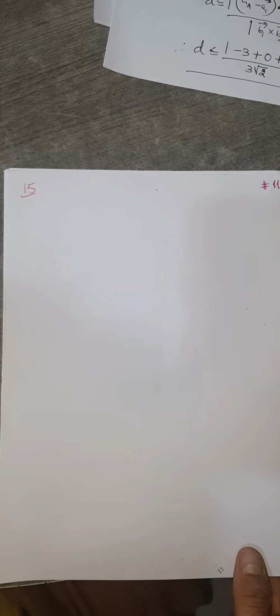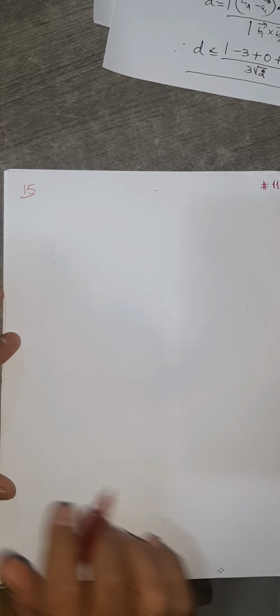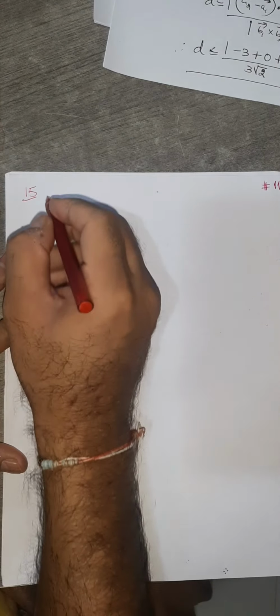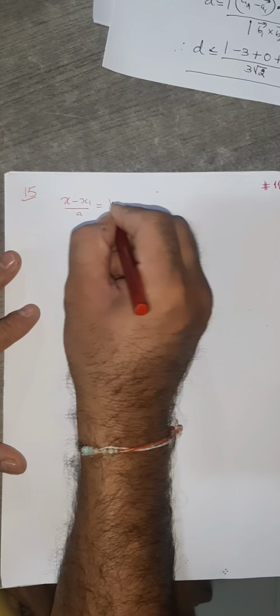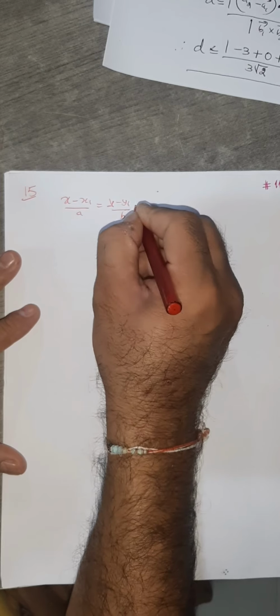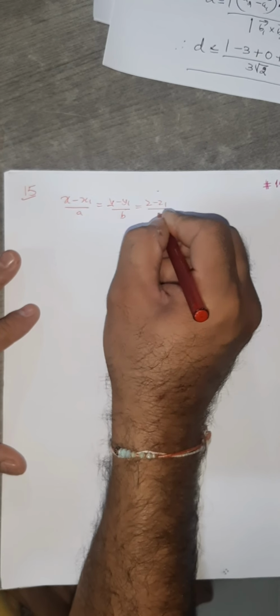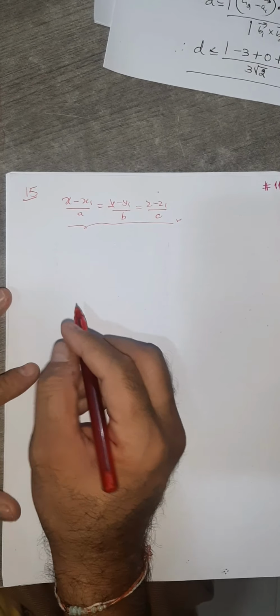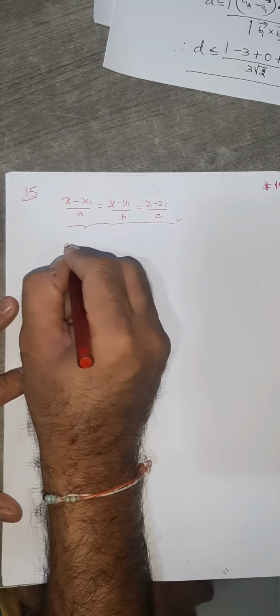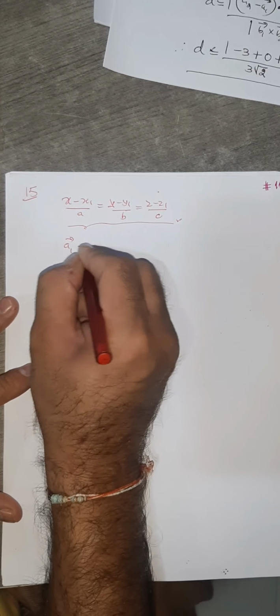In the 15th question, the lines are in Cartesian form. So first you need to observe that the line should be in this form: x minus x1 by a, y minus y1 by b equals z minus z1 by c. It should be in this form, remember. Now you can see that the first line is already in this form. So let me write the fixed vector here.